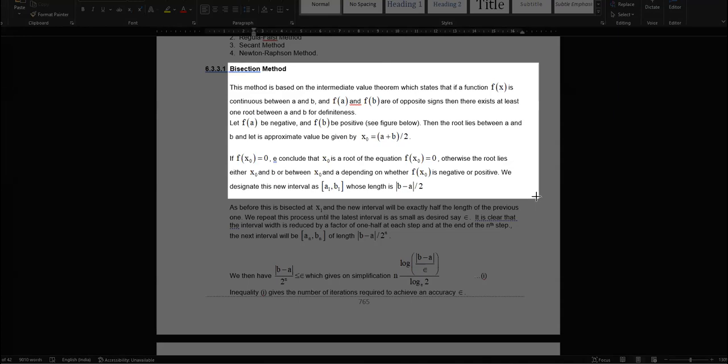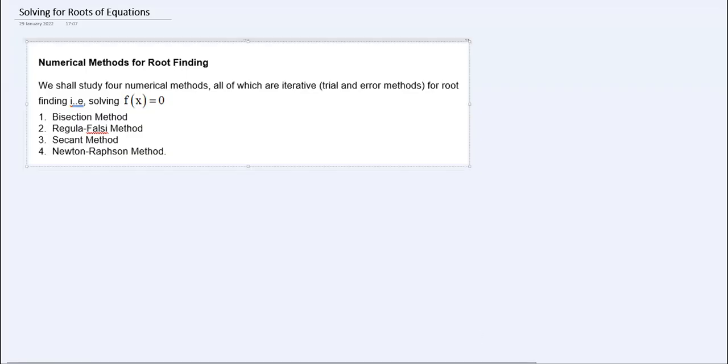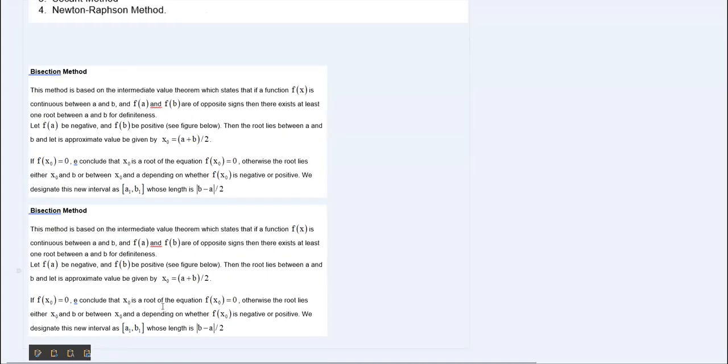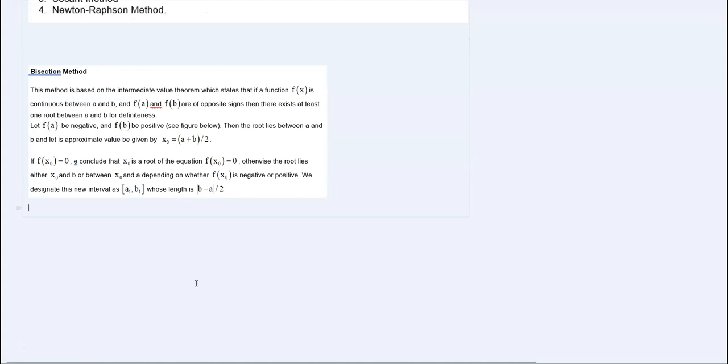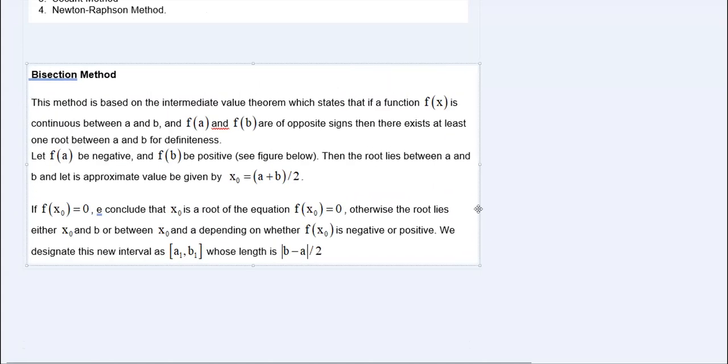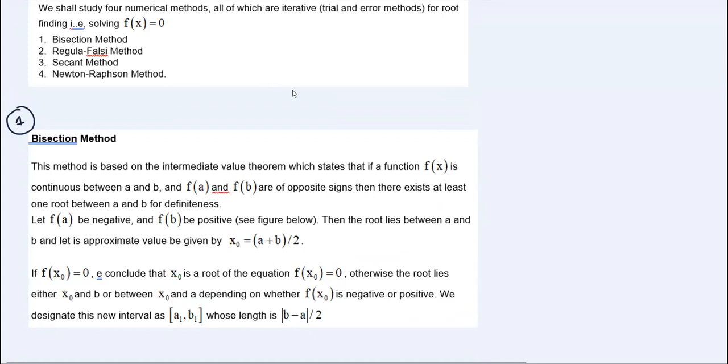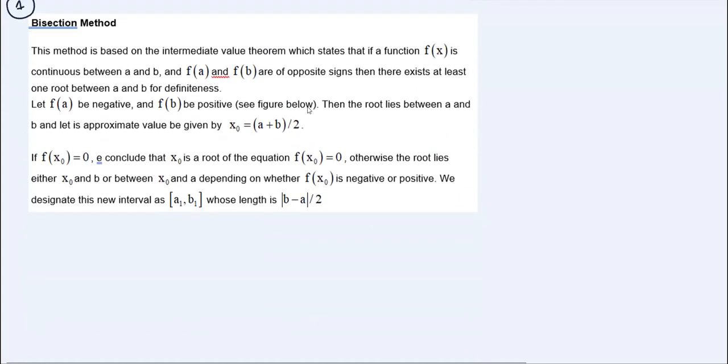So I'll explain the bisection method. The bisection method is the first of the numerical methods to solve an equation.